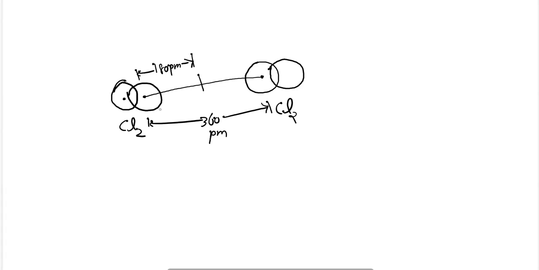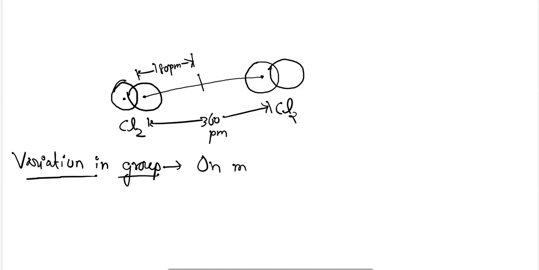Next is the variation of atomic radii in a group.